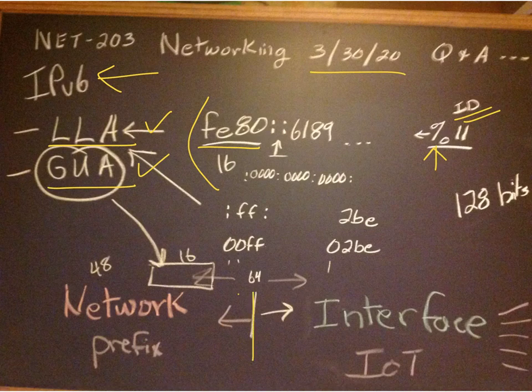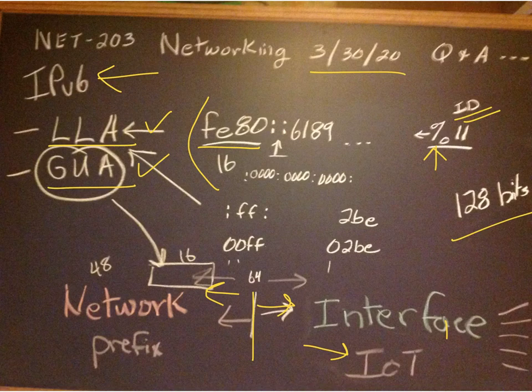The split, right? 64 bits for the network part and 64 bits for the interface. That's an interface ID. I mentioned all the Internet of Things, all the things we can assign addresses to. So the addressing is 128 bits total.